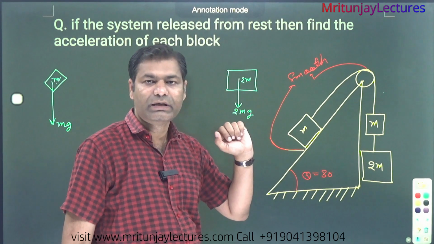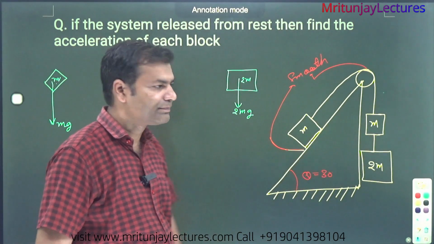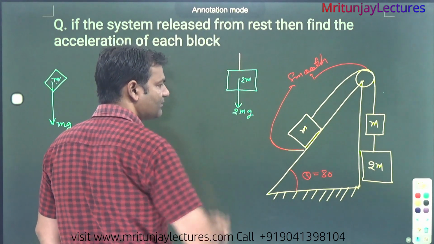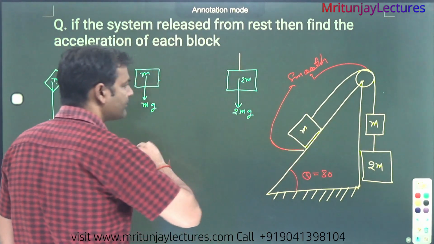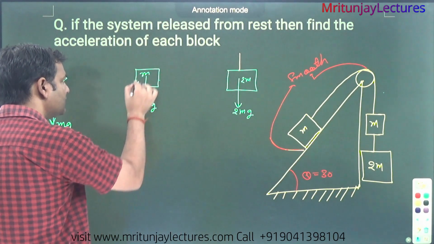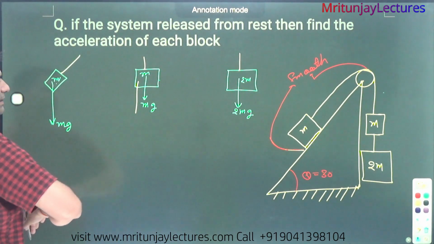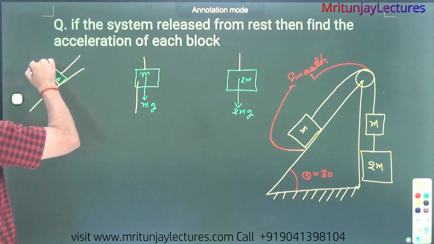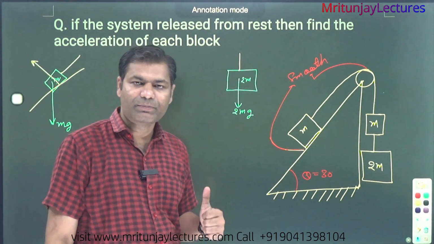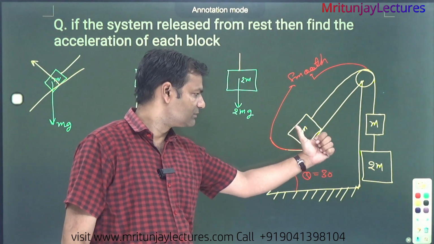Now we focus on direct contact force. This one is connected to this string, so represent it like that. Direct contact force from the two strings here and here, and direct contact force due to the surface. The surface applies a normal force perpendicular to the surface on the M block.